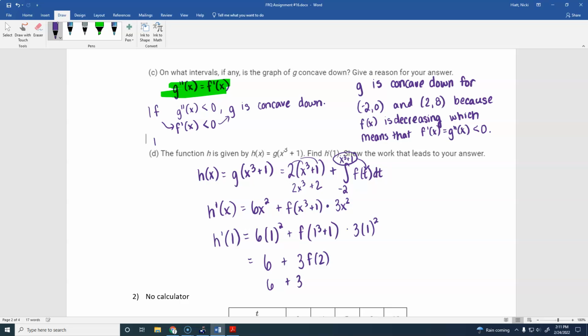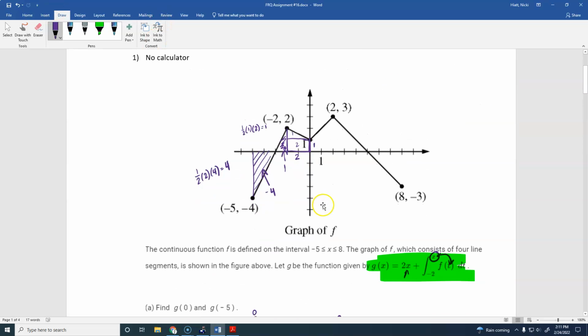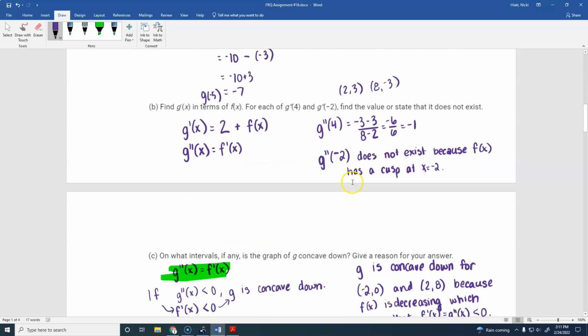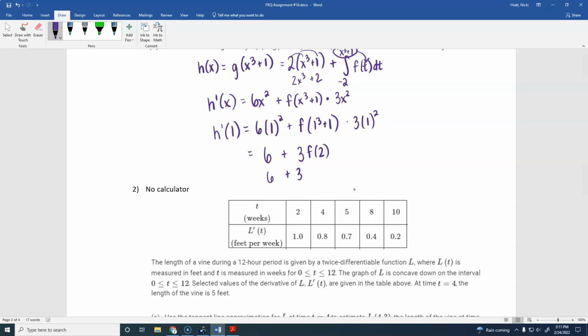You can just read the f of 2 from the graph. At 2, you have a y coordinate of 3. So it's just going to be 3 there. And so that's 6 plus 9, which is going to give you 15.